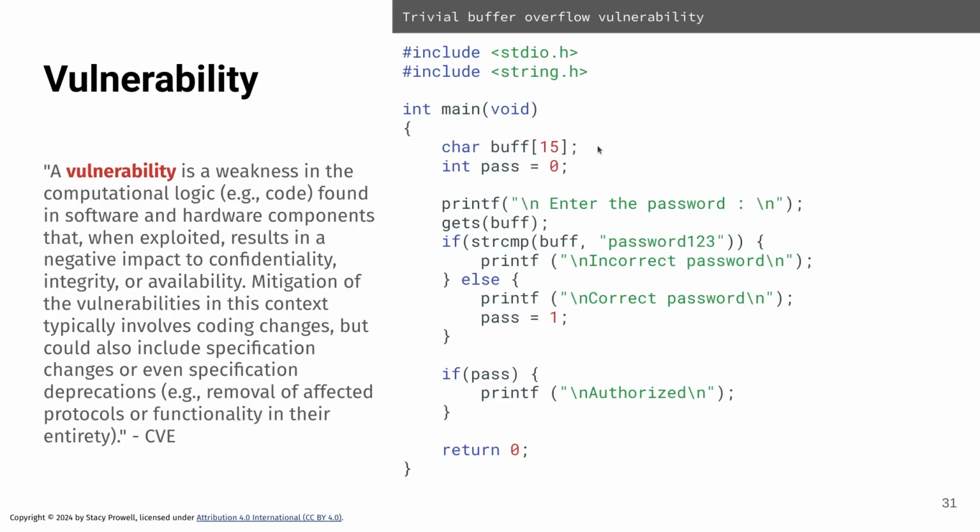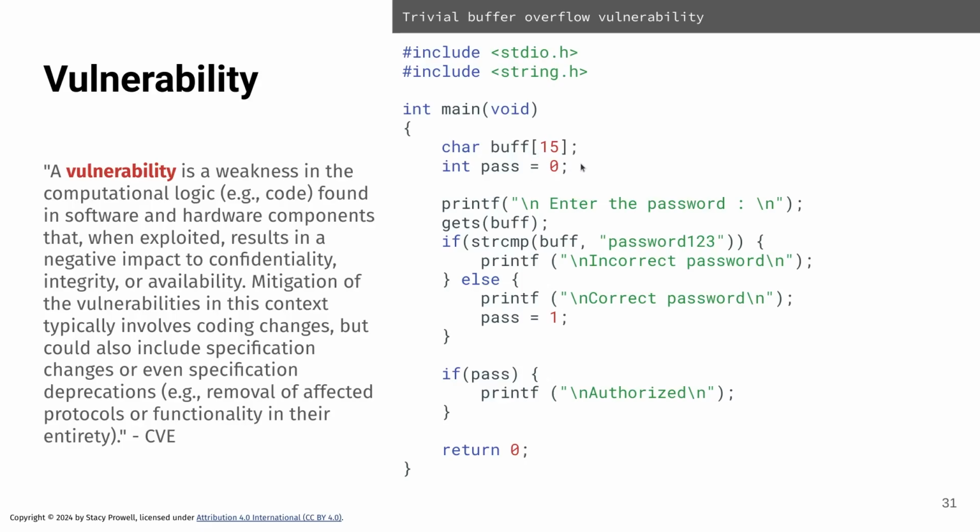The buffer has length 15, and that's followed by this integer pass. So if I put in something longer than 15, presumably those extra characters will overwrite pass, right? These are both variables that live on the stack, and in most layouts, one right after the other. And so this would overwrite pass.